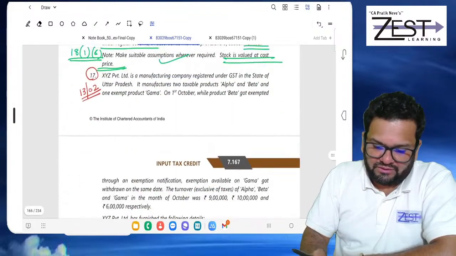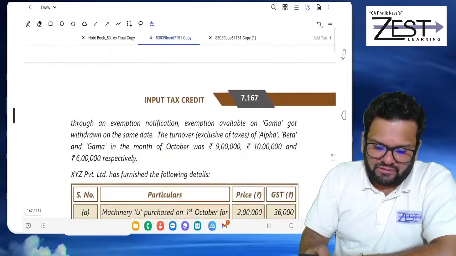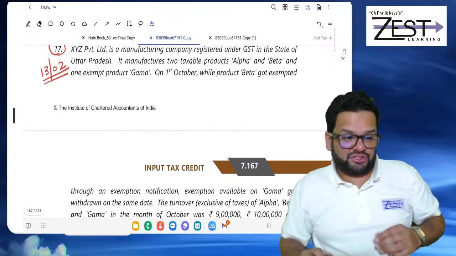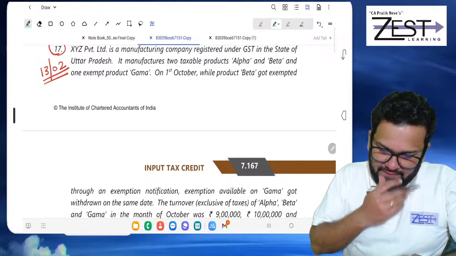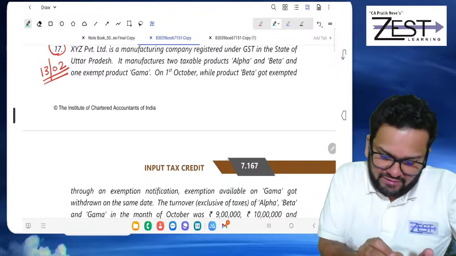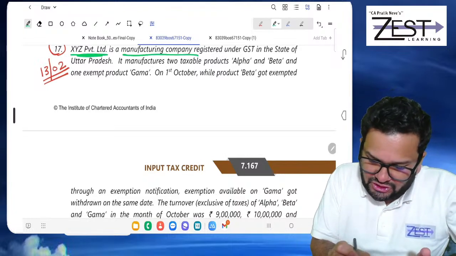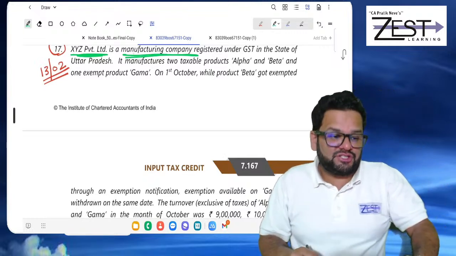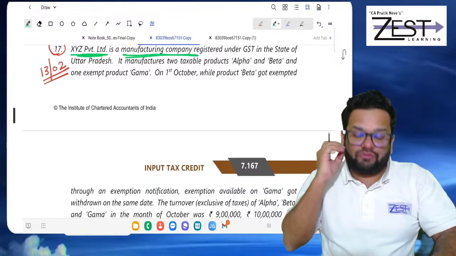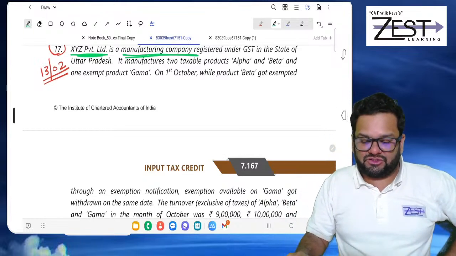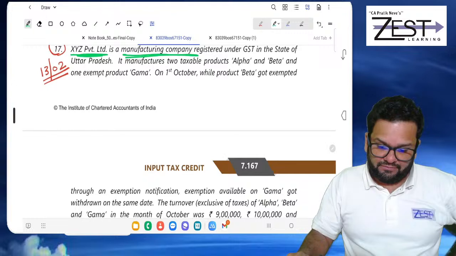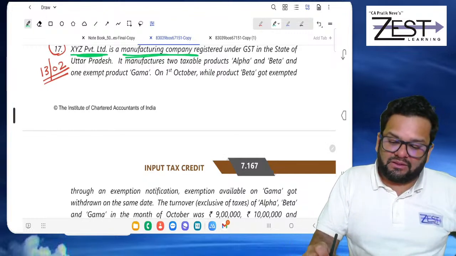Go to 17th. In 17th, what is asked to you? First check that there is XYZ Private Limited, a manufacturing company registered under GST in the state of UP. It manufactures two taxable products, alpha and beta, and one exempt product, gamma.